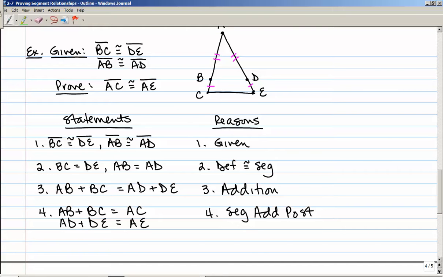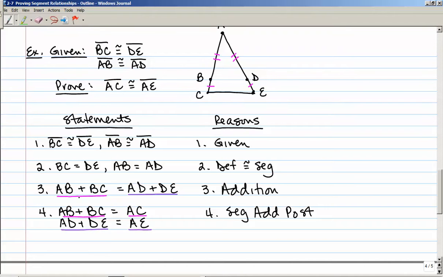Okay, so this right here, AB plus BC, is the same thing as AC. AD plus DE, I have another AD plus DE here, and that's equal to AE.